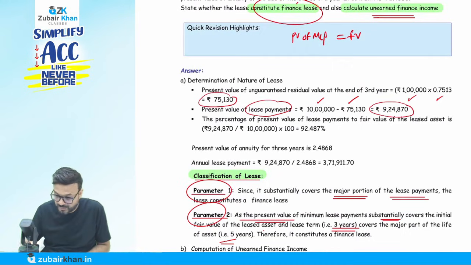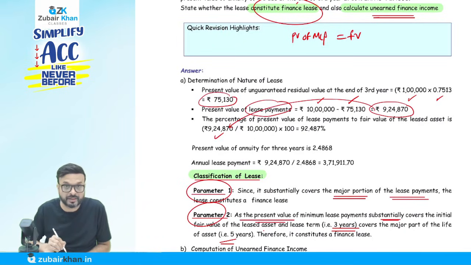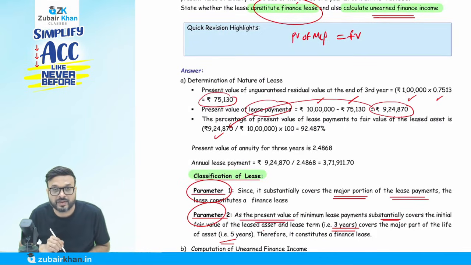Why? We have not considered the present value of the unguaranteed residual value because it is not part of the lease payment. That's why we have deducted that amount. So this is the total present value of the lease payment. Now, can we find the annual rent? Yes. That is coming at 9,24,870, that is, 9,24,875.